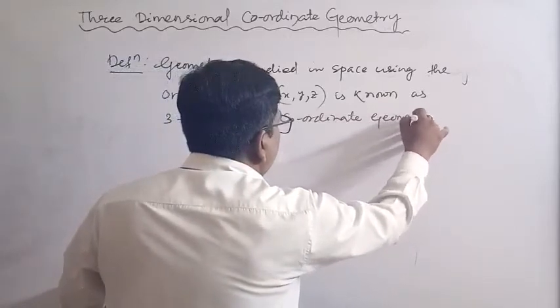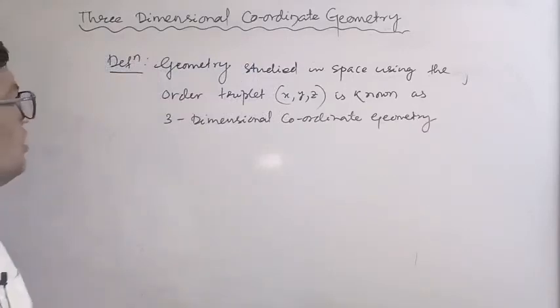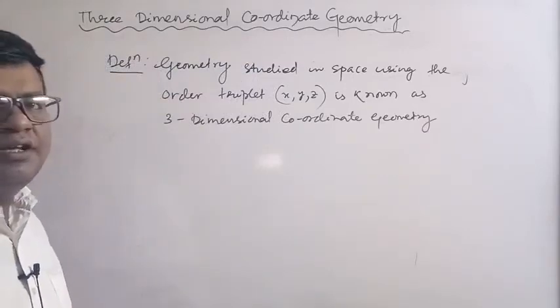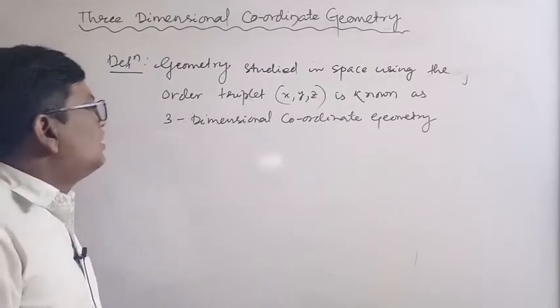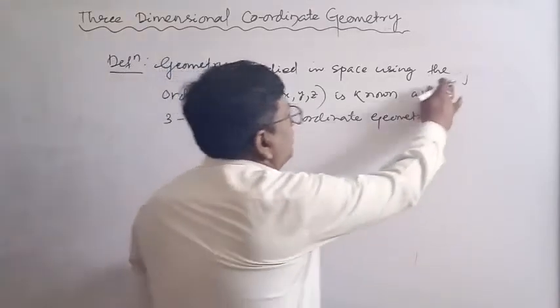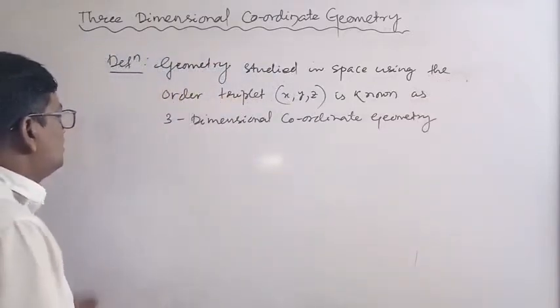Clear? Geometry studied in space using the ordered triplet x, y, z is known as three-dimensional coordinate geometry.